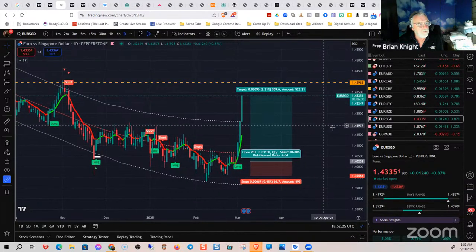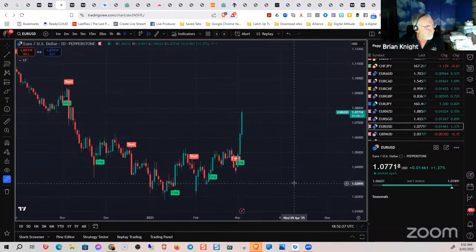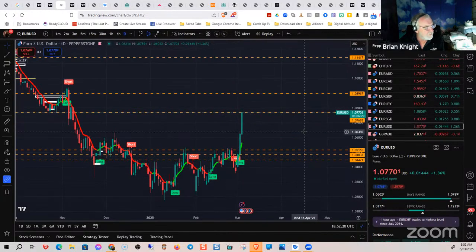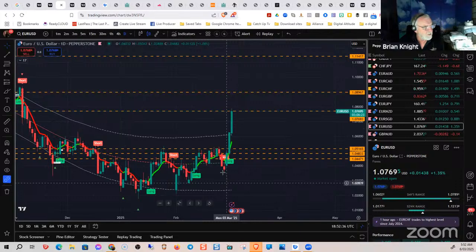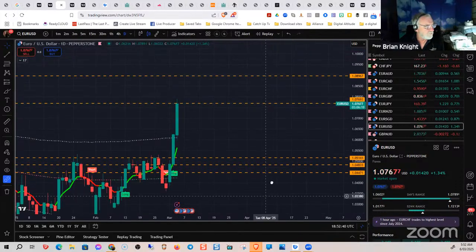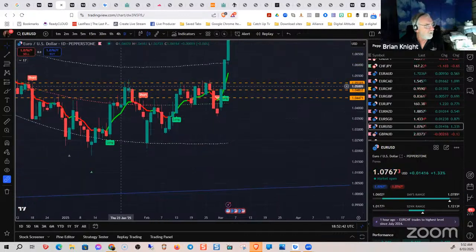He's constantly moving things. Okay, Euro USD. Look at the euro on that one. Again, just mulling around and then off it goes. But this is an example of a 3/4 type thing, green, red.